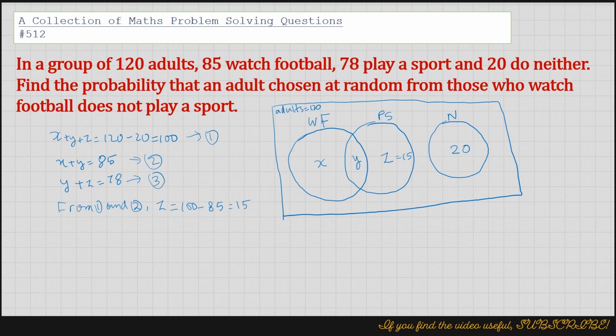So then once I get Z is 15, I get what Y is. So therefore Y would be 78 minus 15, and that is 63. So Y equals 63.